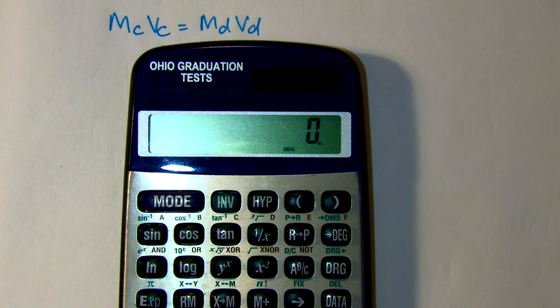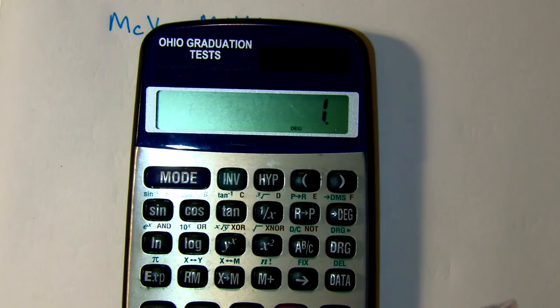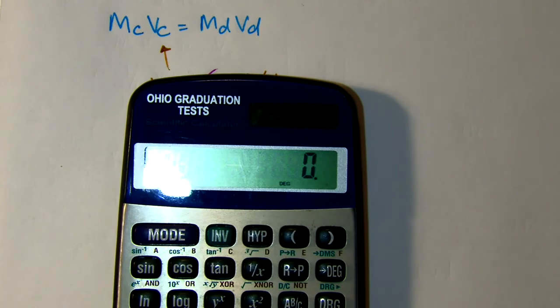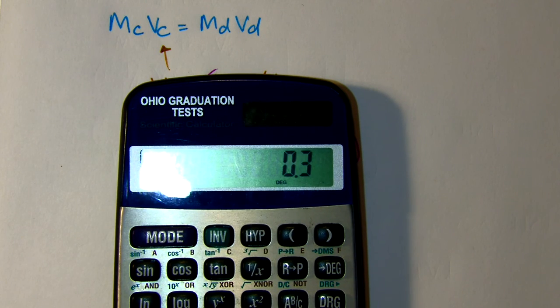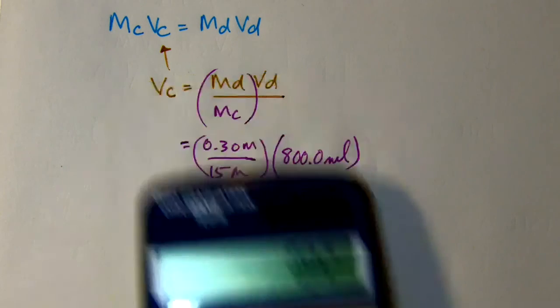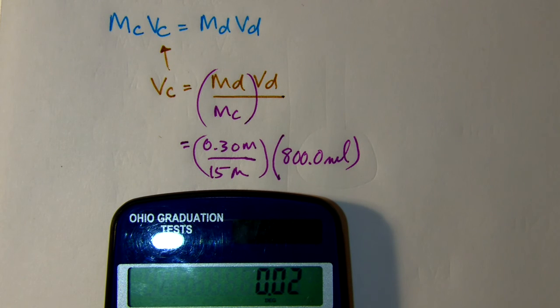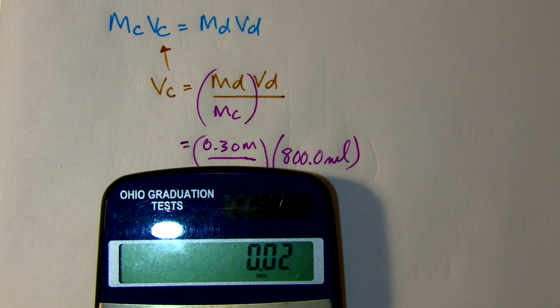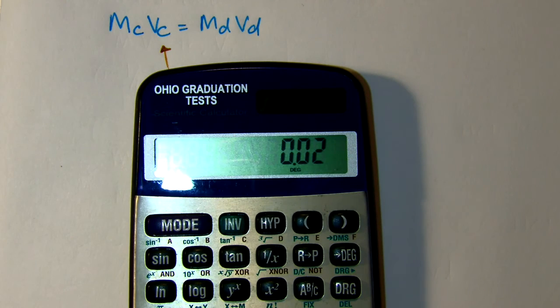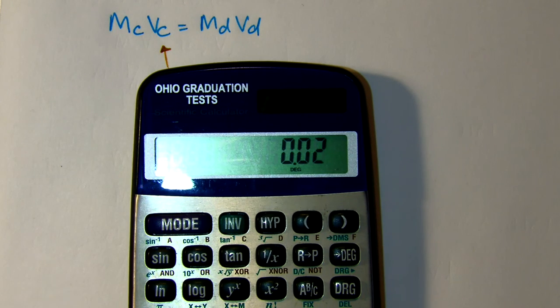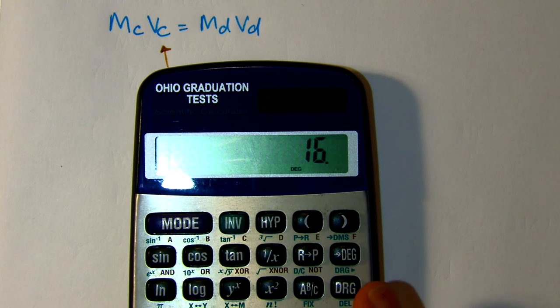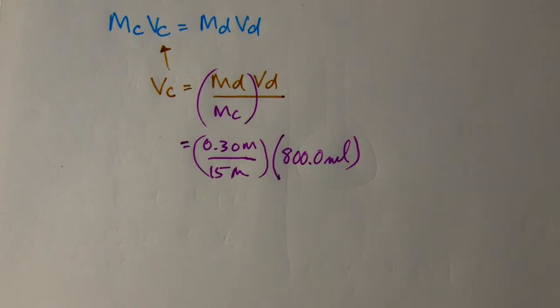So we get 0.3 divided by 15. Oops, I'm sorry, it is 0.02. Yep, I had another number. 0.02, 2% times the 800. You only need 16 mLs of this stuff, right?